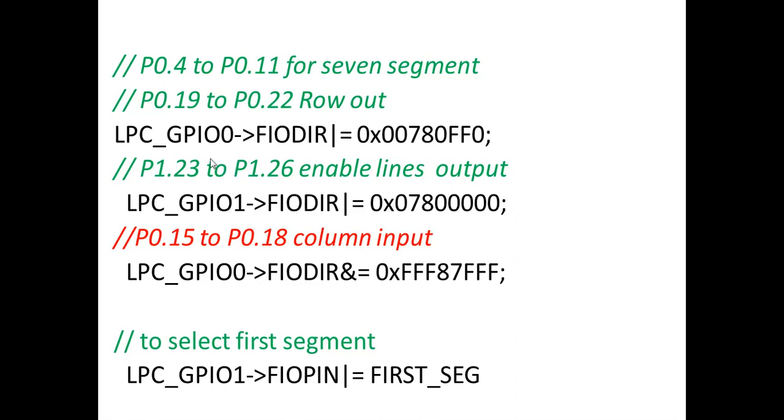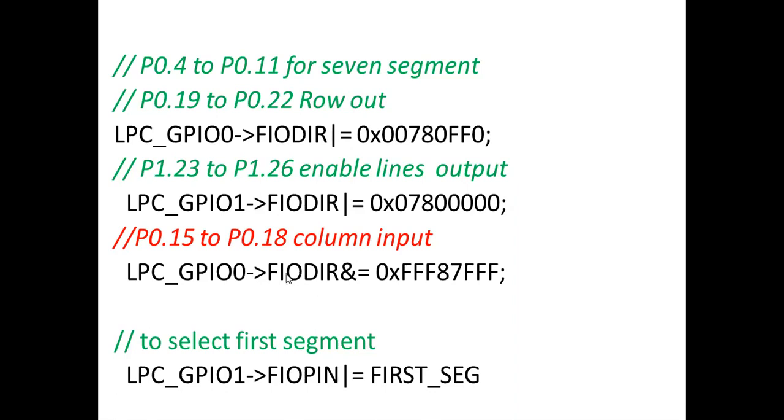Since this belongs to port 1, you have to use the structure LPC_GPIO1, and in that structure the corresponding value of the FIO DIR register should be changed. Those bit position values must be made 1 and the remaining bit positions 0, and that is logically ORed with the earlier value of the FIO DIR register. So these pins are also directed as output.